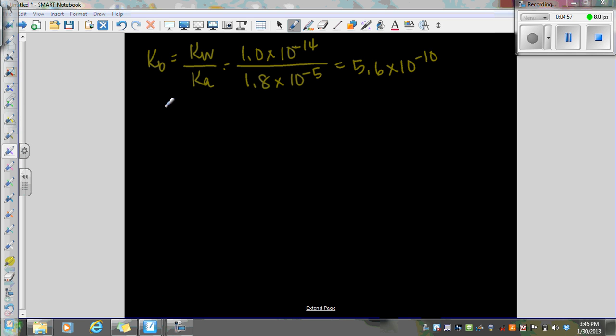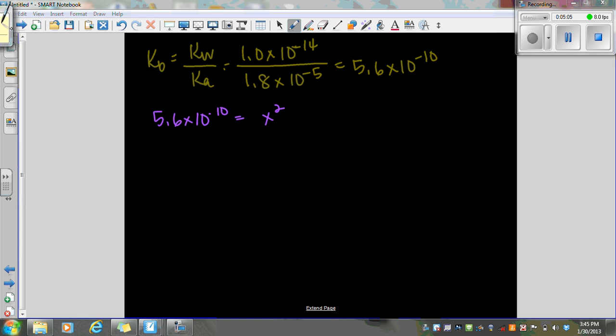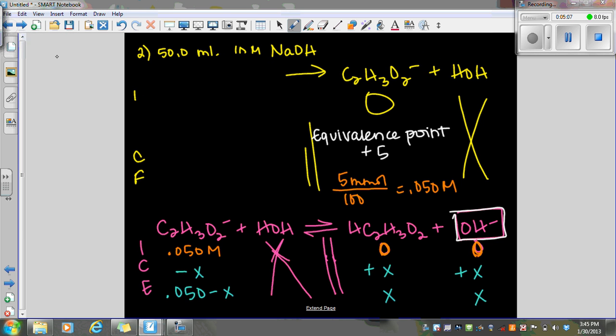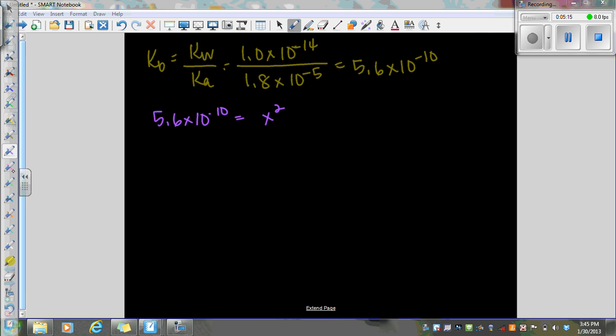Okay, so I'm taking 5.6 times 10 to the negative 10th. That's going to be equal to x squared divided by 0.050 minus x.